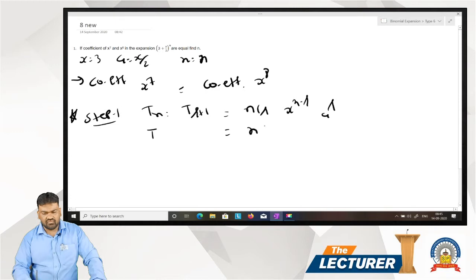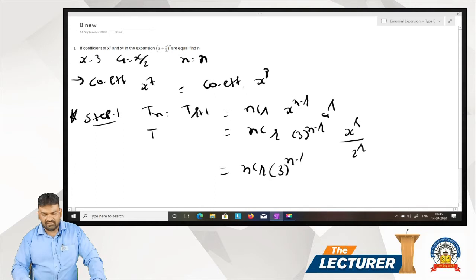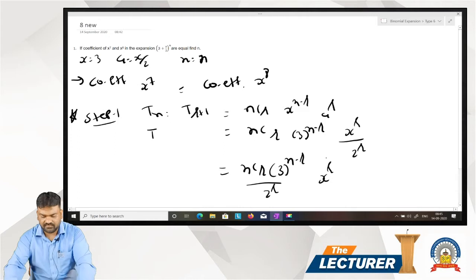Here n is n, we have to find r, x is 3 raised to n minus r, a is x raised to r divided by 2 raised to r. So nCr 3 raised to n minus r divided by 2 raised to r x raised to r.